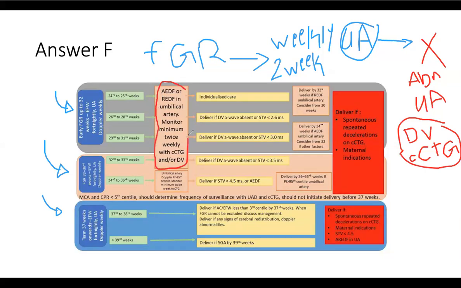If I have absent end diastolic flow or reversed end diastolic flow in the umbilical artery Doppler, monitor minimum twice weekly with computerized CTG and or ductus venosus. This applies to all FGR until 34 weeks are completed. Once 34 weeks are completed, there is no role for the ductus venosus, and the follow-up will be by computerized CTG.